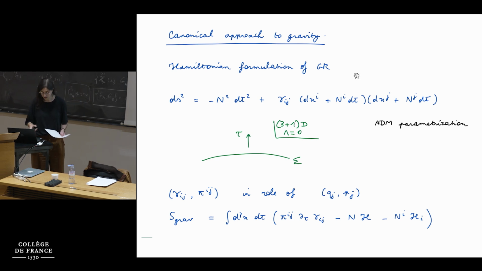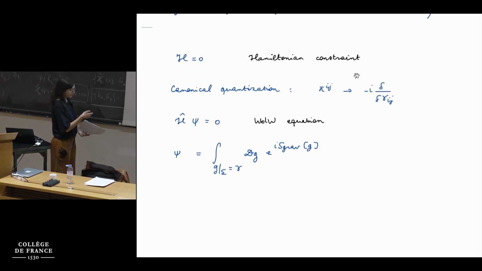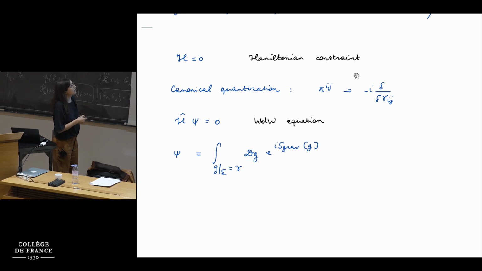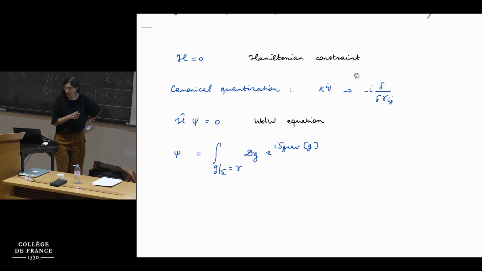In particular, the lapse imposes what is called the Hamiltonian constraint, curly H is 0, which is a quadratic Hamiltonian H in the momenta. Good, and so far what I said was classical.